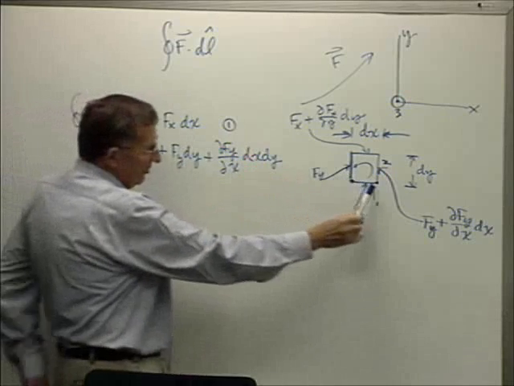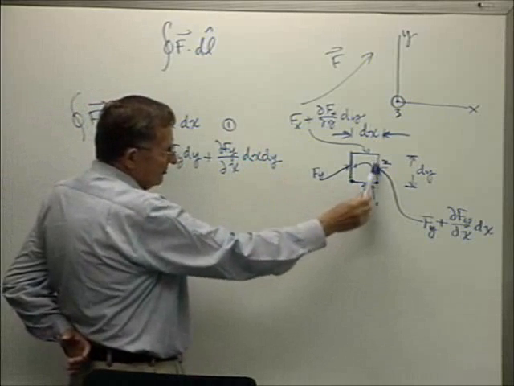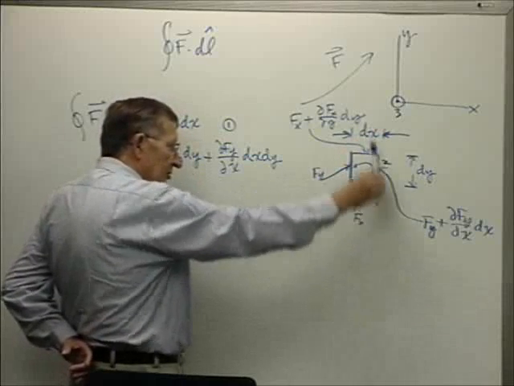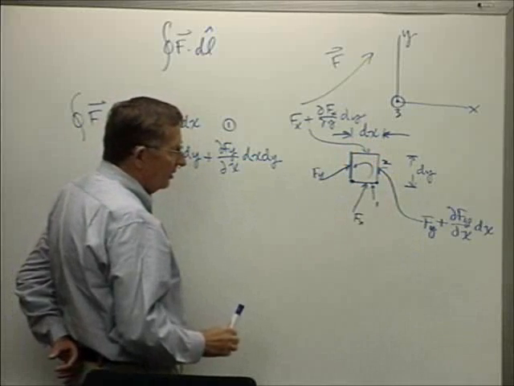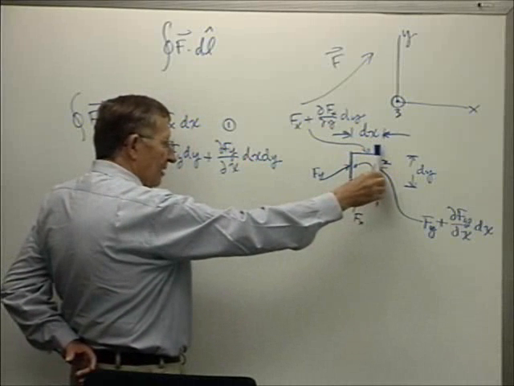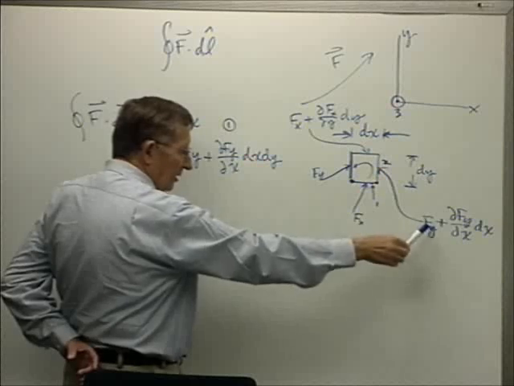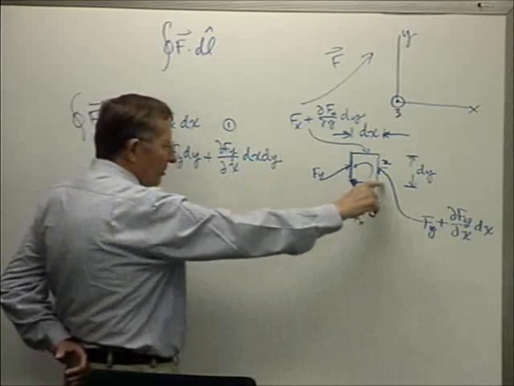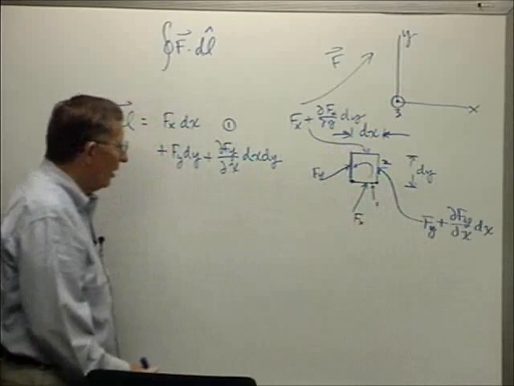Because when I do the integration of F dot dl along this side, the vector direction is in the y direction, so I take a unit vector along y and dot that with the field and pick out the y component. So it's just that y component times the distance, which is dy.